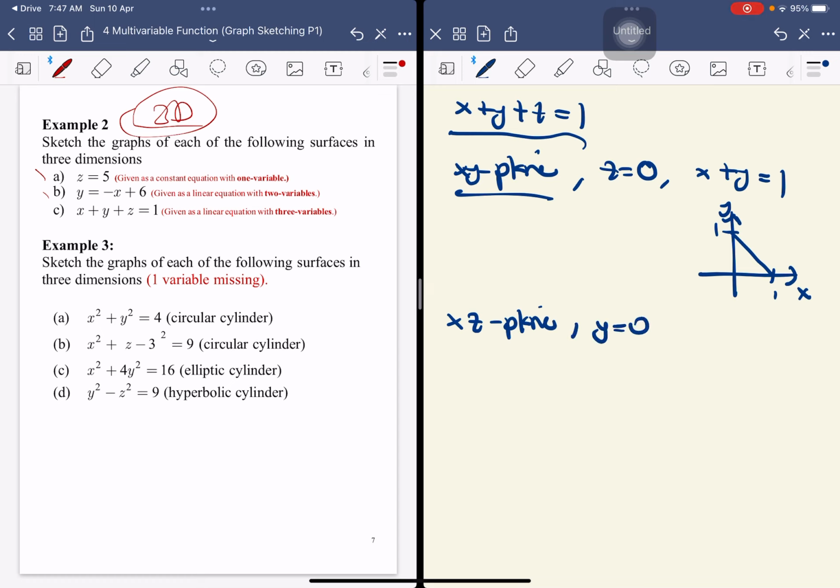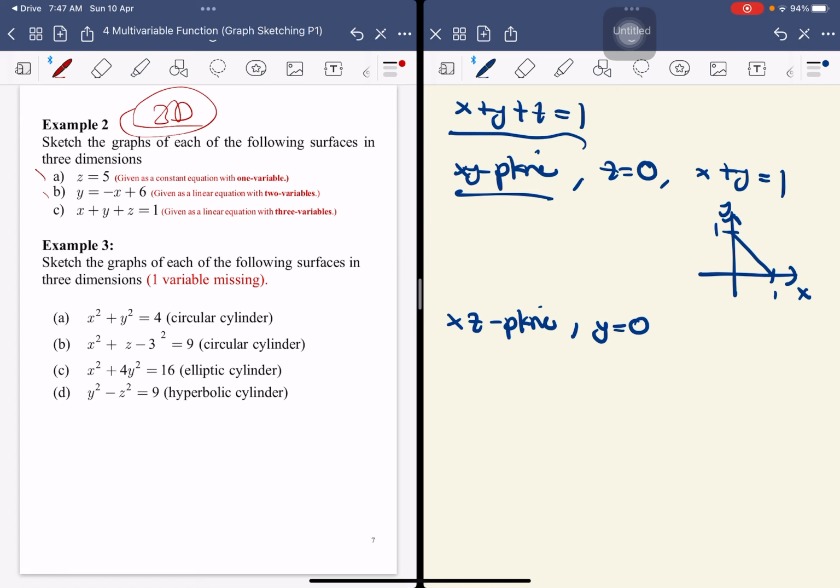In order for you to get the xz plane, the easiest way is for you to set y equal to 0. When we have complete variables in one equation, to get the traces means that we set the other variable that is not involved in that trace to 0, so that the equation becomes an equation with two independent variables only.